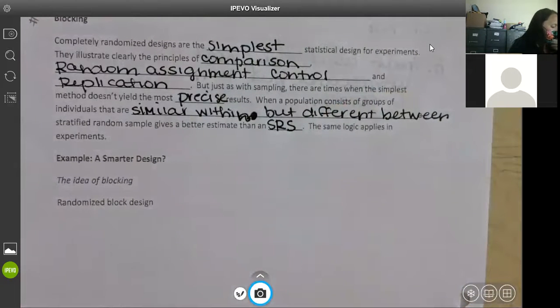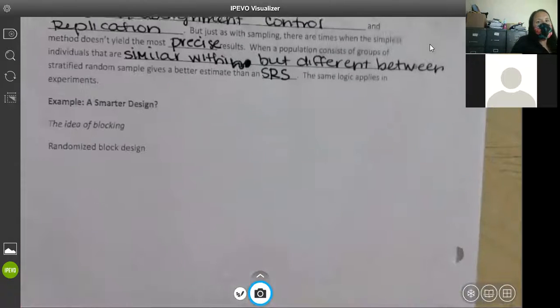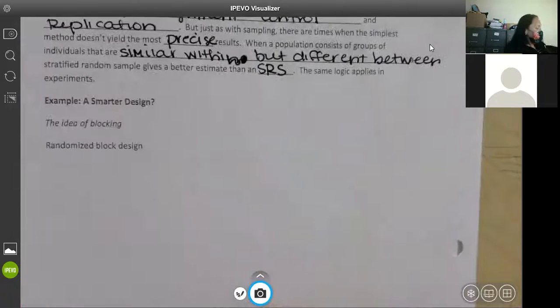The same logic applies in experiments. So the idea of blocking is making a randomized block design to block for it. Like if you have a sample, like an SRS, but you want to block it by gender, you want to see how it affects the males and affects the females.